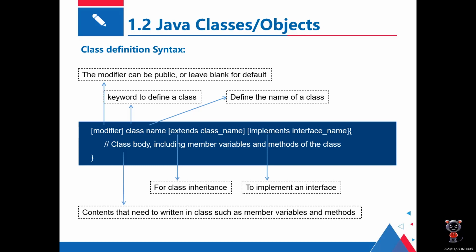Then if you want to use inheritance, you can use the extends keyword with the class name. And if you want to implement an interface, you can use the implements keyword with the interface name. Once you define the class, in the body of the class, you can define member variables and methods of the class.